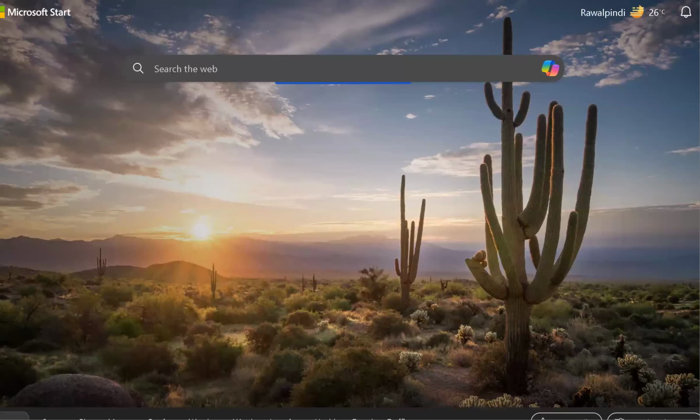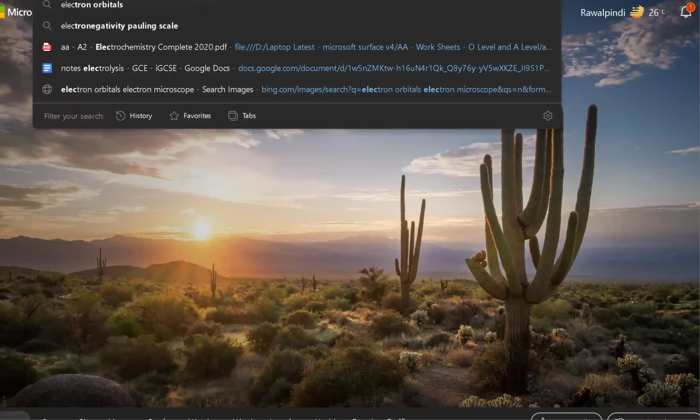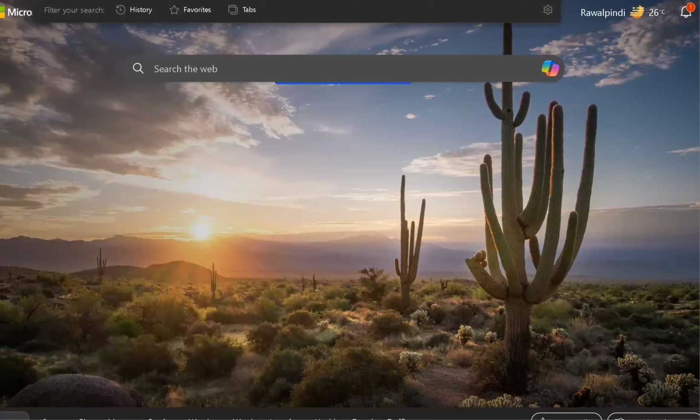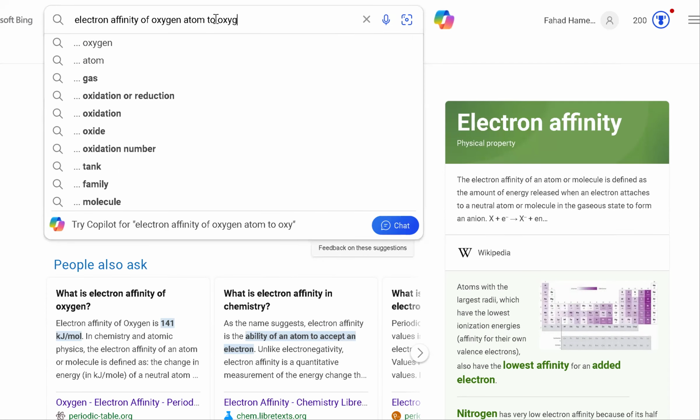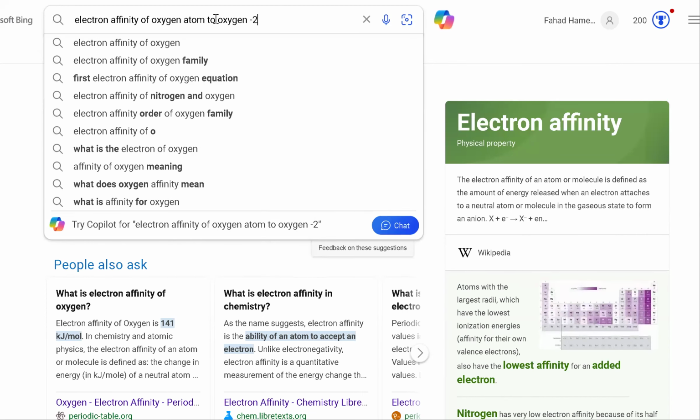So I can just Google it for now. So electron affinity of oxygen atom, okay? What's the total electron affinity, oxygen minus 2 ion?